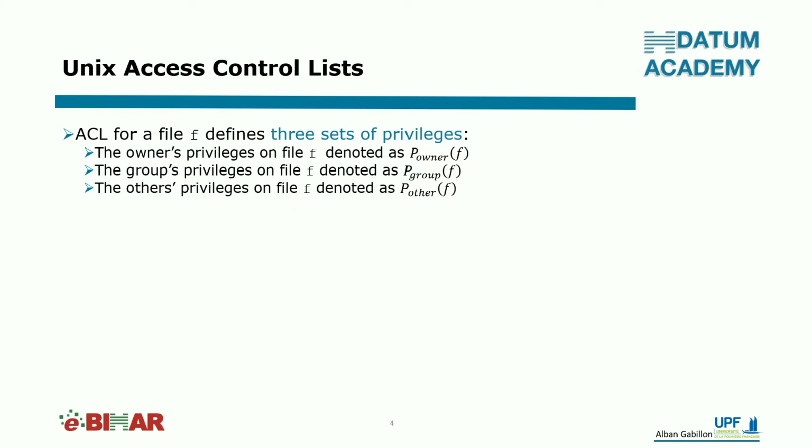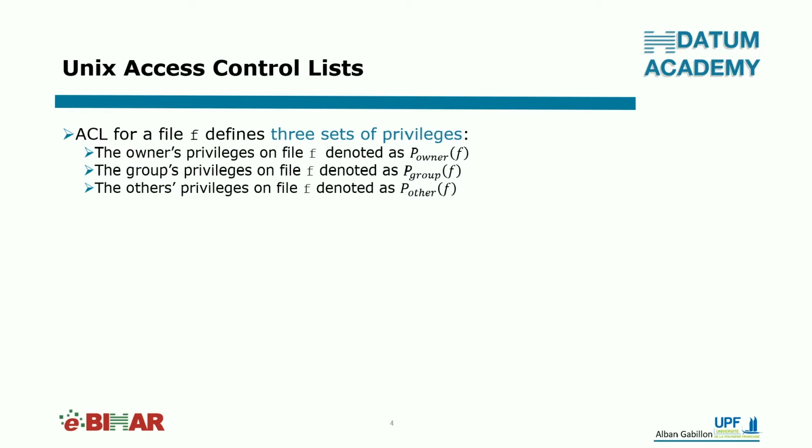In fact, the access control list of file F defines three sets of privileges. The owner's privileges. I refer to them as P-owner of file F. And I will use this notation in the next slides. The group's privileges.